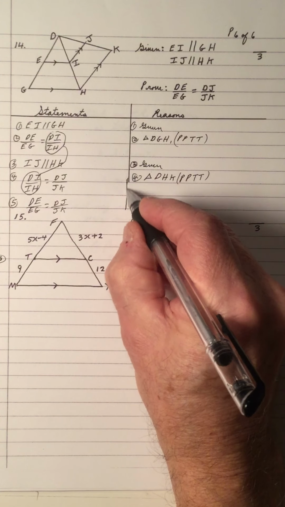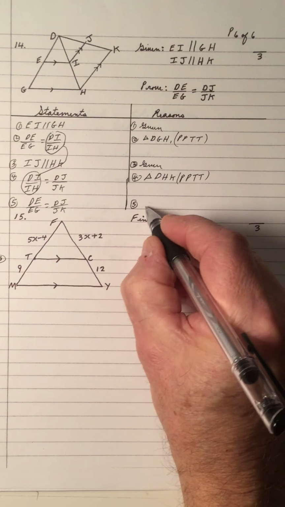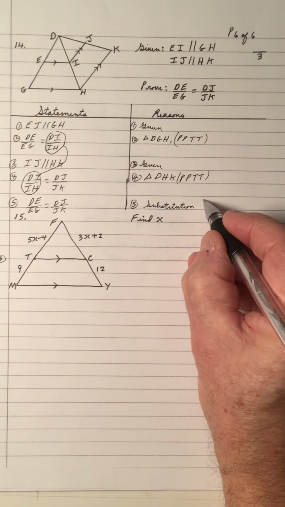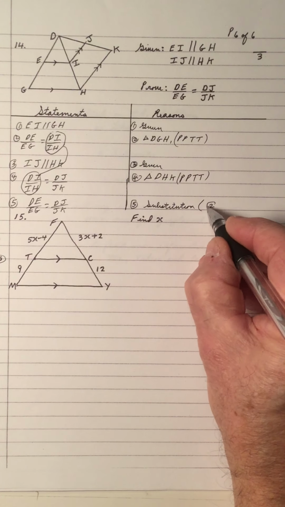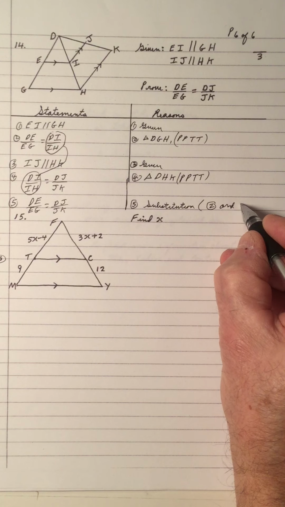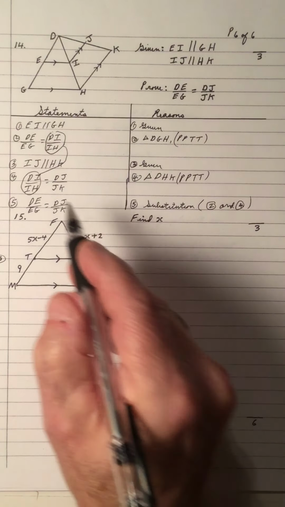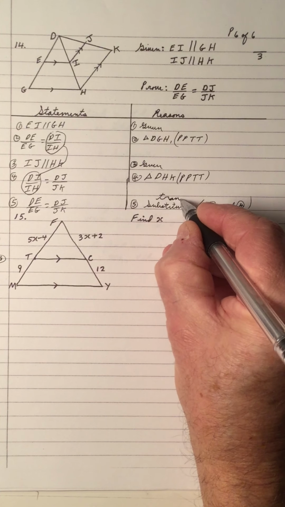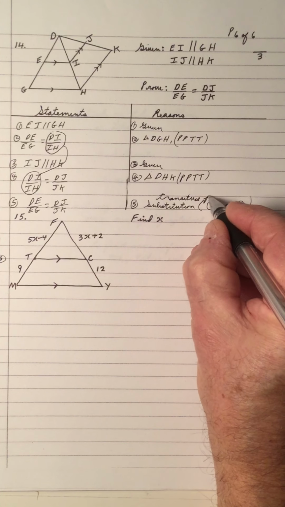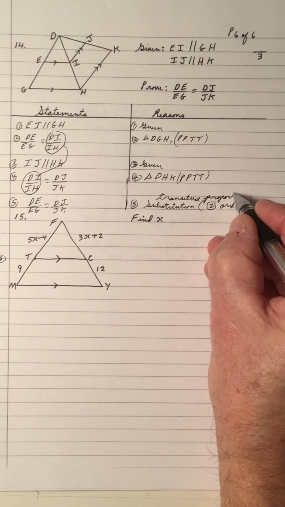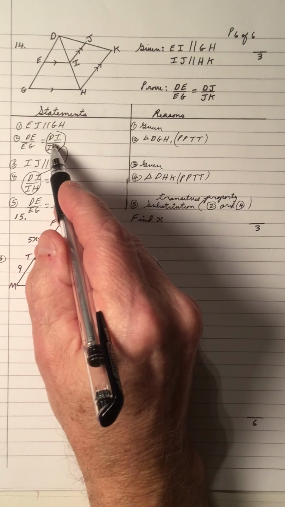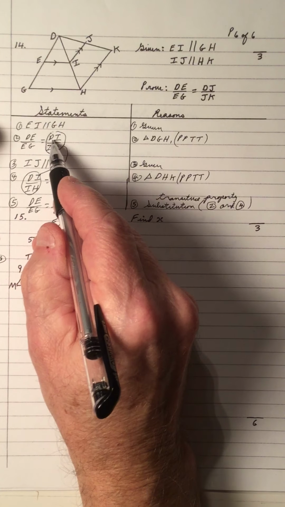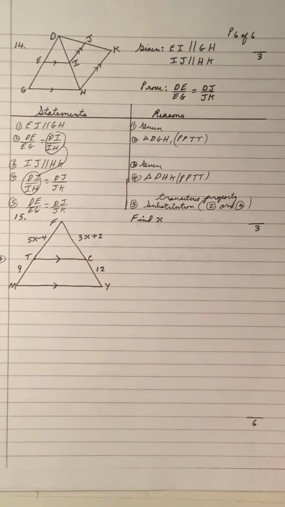Number 5 is substitution, a substitution in 2 and 4, or we could say transitive property. Most teachers would say that DI and IH are in both of these, so therefore these two are equal by transitive, or you can get away with substitution.